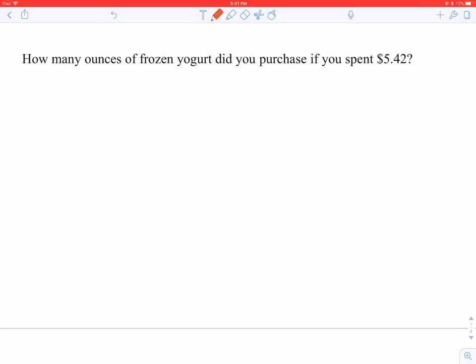Okay, we also want to use our equation here to find out how many ounces of frozen yogurt you purchased if you spent $5.42. So I am given the total cost here, and I need to solve for the number of ounces of froyo.